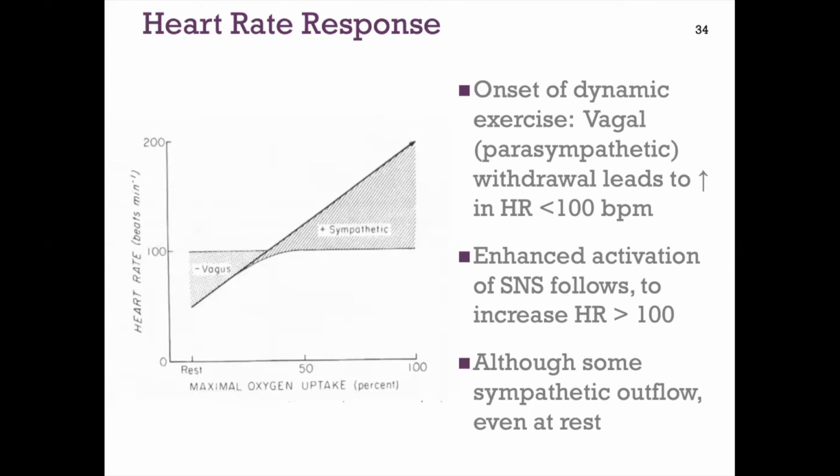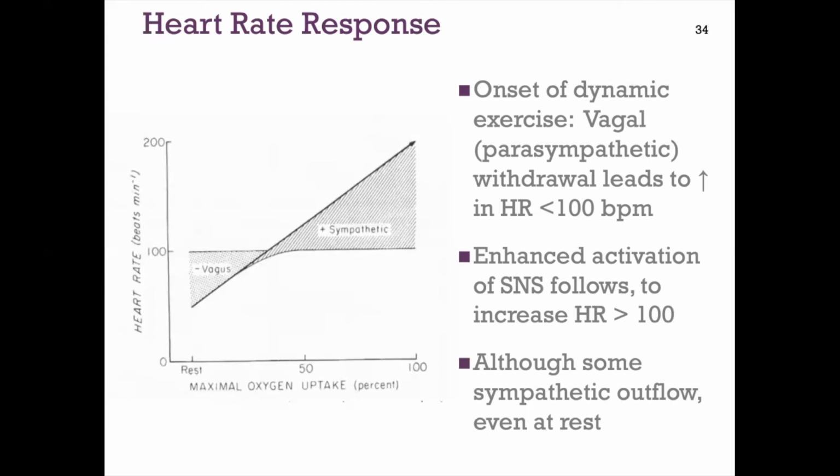This is what happens when we begin to exercise. The first thing we do is withdraw that dampener. It says, you know what, I want that SA node to intrinsically beat at around 90 to 100 beats per minute, so I'm going to withdraw that governor, that dampener, so my heart rate can actually be at 100 beats per minute. When we begin exercising, that is our very first step.